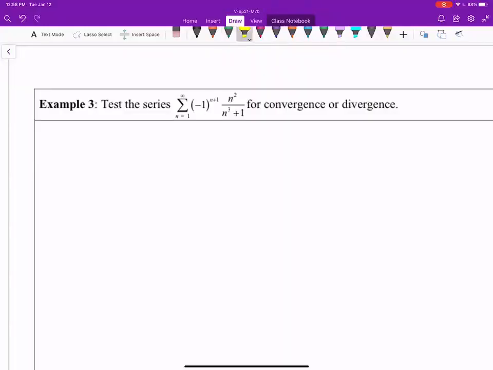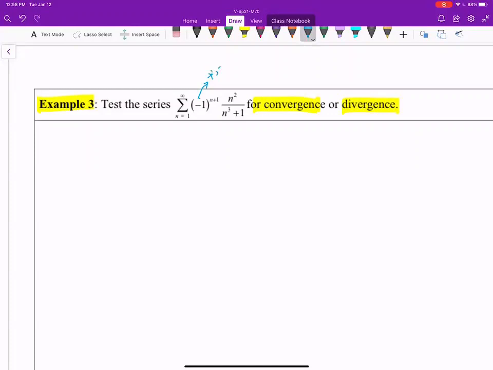Let's try example 3. Test the series sigma of -1 to the power n plus 1 times n squared over n cubed plus 1 for convergence or divergence. Obviously, because of this -1 to the power anything, it will be a plus or minus. When you plug in n equal to 1, it starts with a plus sign, and then it alternates plus or minus.